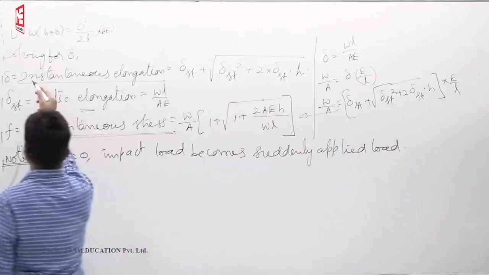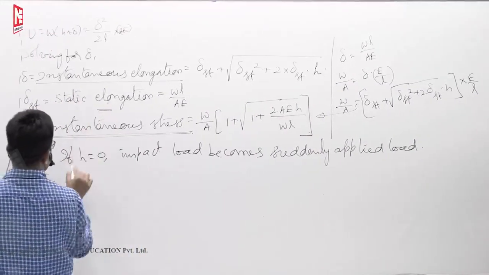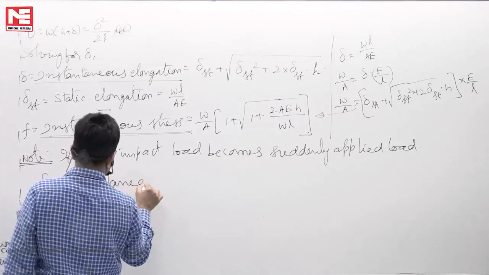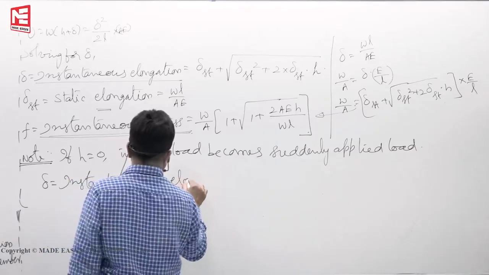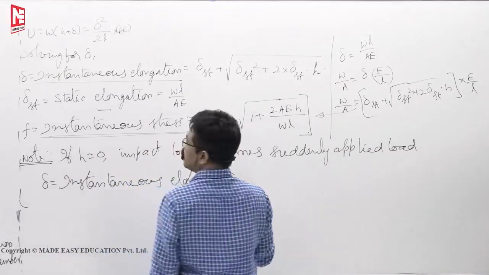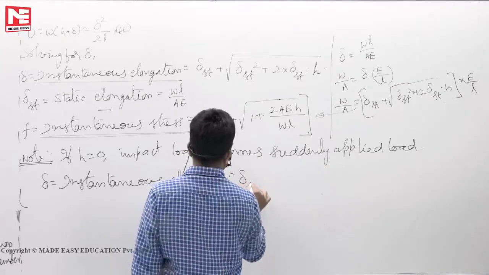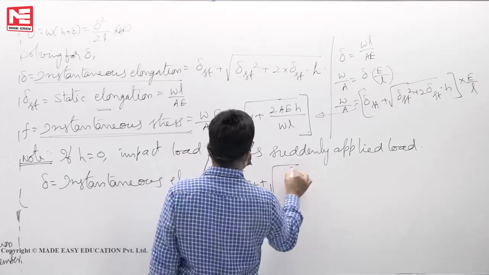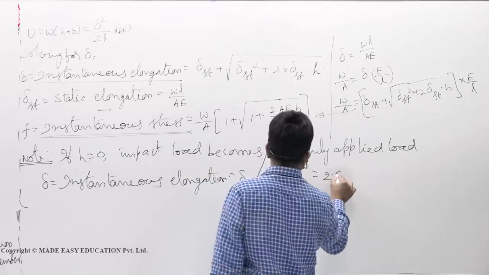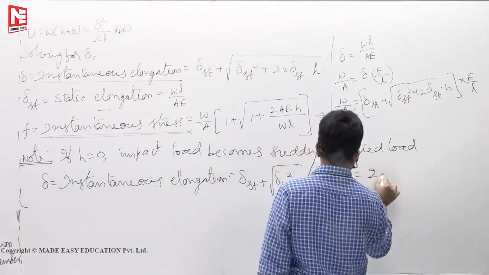Then you will get the instantaneous elongation: delta static plus square root of delta static square plus 0, so 2 times delta static elongation.